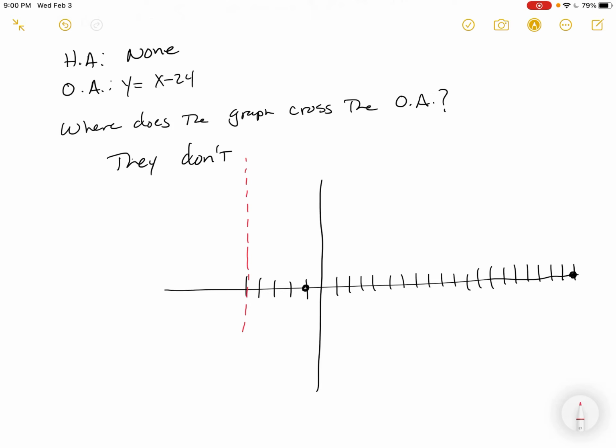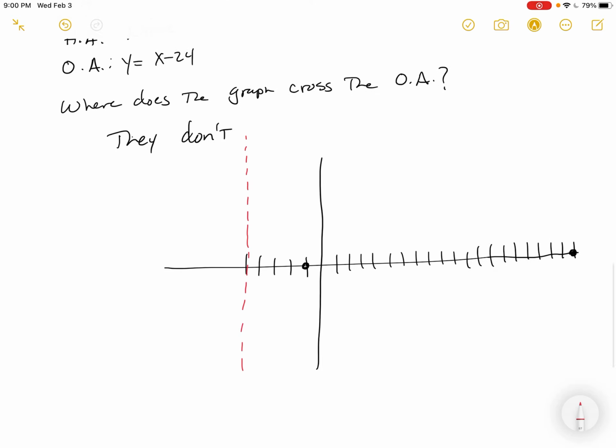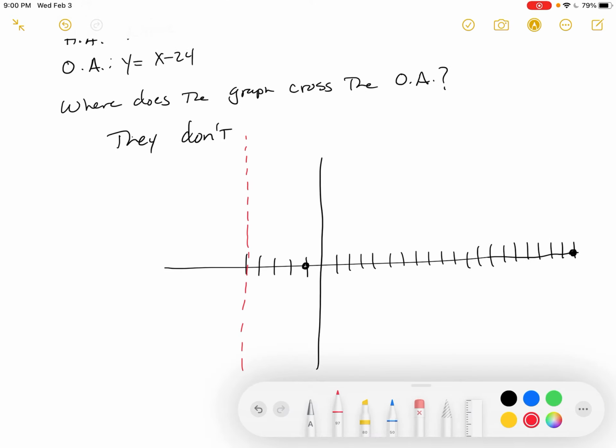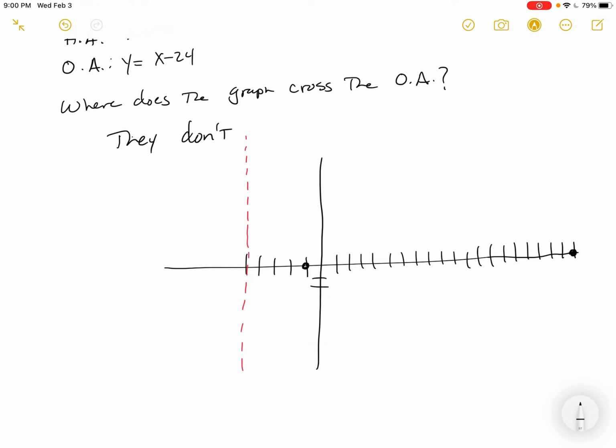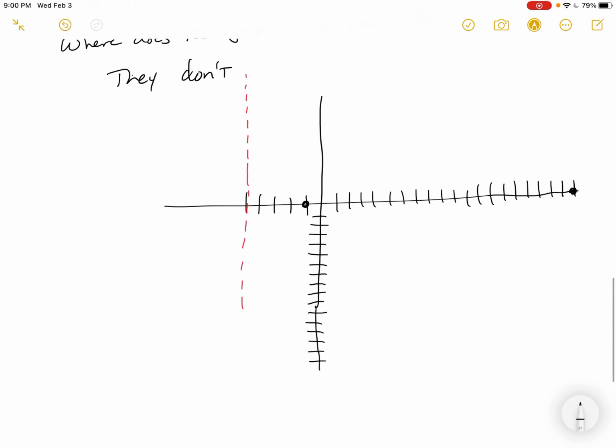And now we have an oblique asymptote. Remember what our oblique asymptote is. Y is equal to x minus 24. You know all about that, right? Because you've been through pre-algebra. That's where we learn about graphing that, in a pre-algebra class. So way down here at negative 24 it's crossing, and it's up 1 over 1.